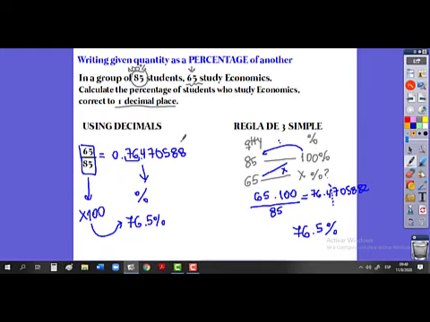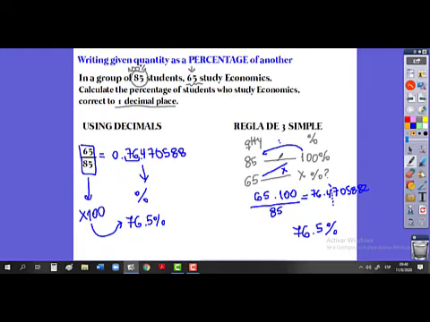So when we are given a quantity and we need to find what percentage of another quantity it represents, we need to do one of these two methods. Does anyone have an idea of another way of solving this? When we work with percentages, we always have many different ways of solving our problems.